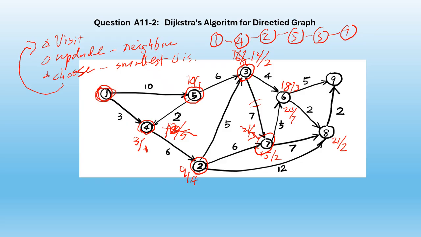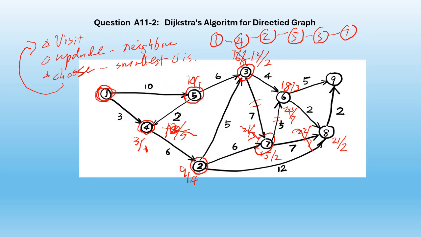This is not chosen because 20 would not beat 18. And then 15 plus 7 is 22 from 7. So 22 would not beat 21, so 21 stays. So that's gone, but you explore this anyway.